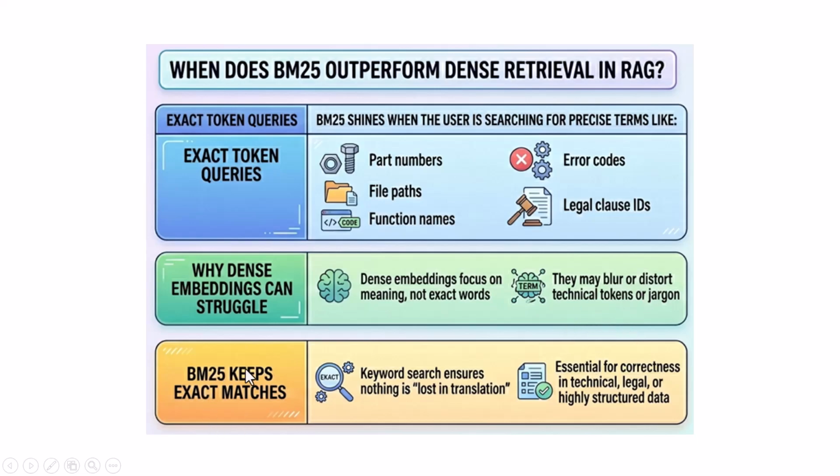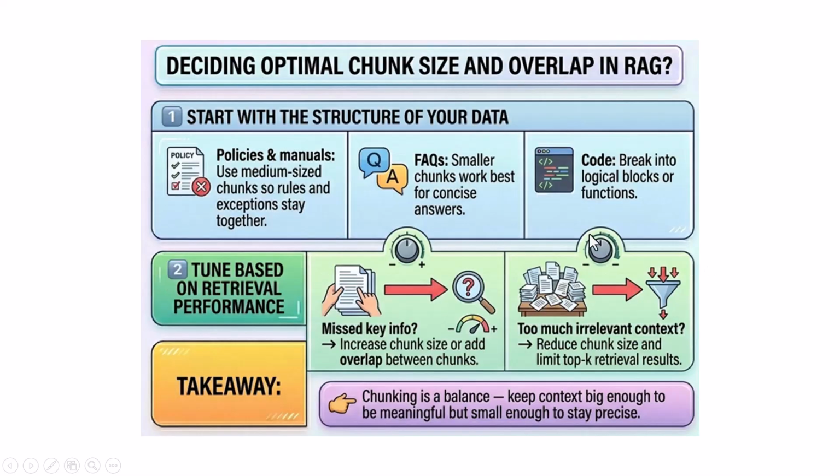So BM25 keeps exact matches, and keyword search ensures nothing is lost in translation. Also, this is essential for correctness in technical, legal, or highly structured data. So the takeaway is: use BM25 when exact string matches matter. Dense retrieval is better for meaning and BM25 is for precision.